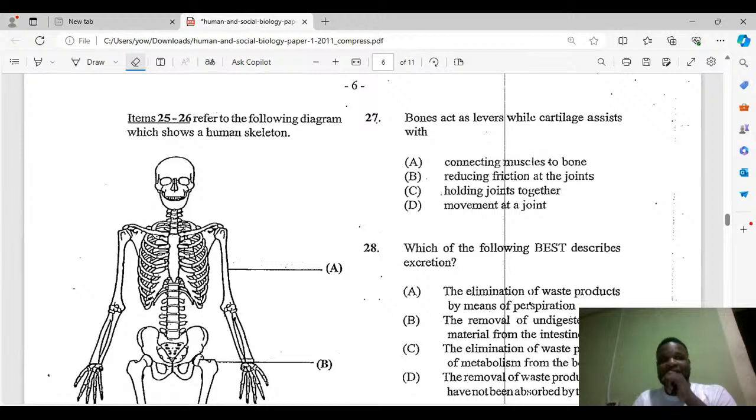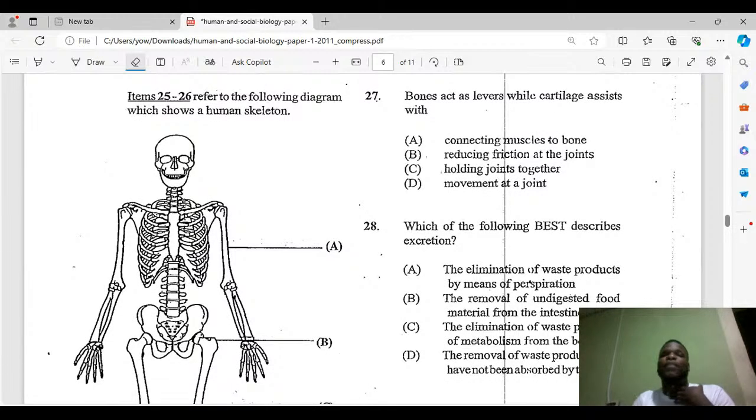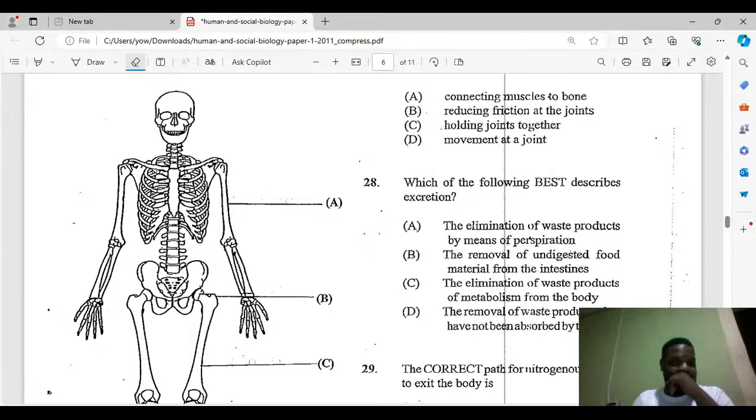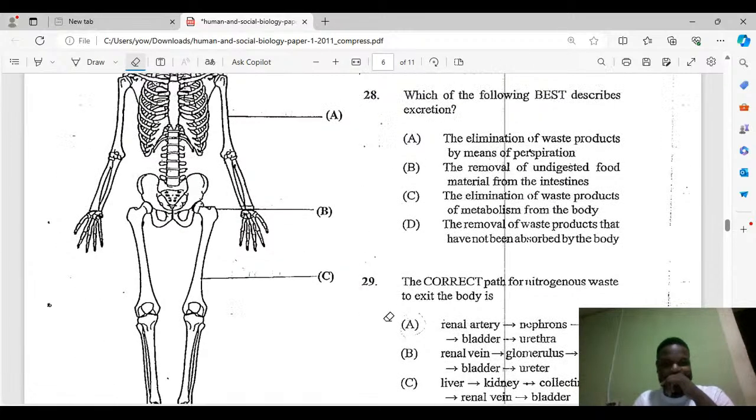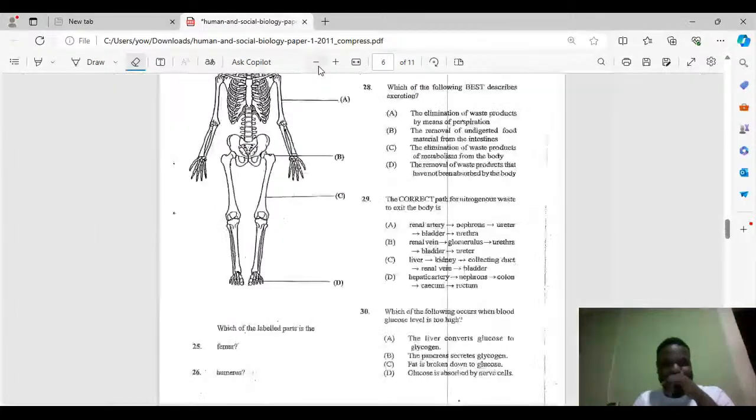Moving on, questions 25 to 26 refer to the following diagram, which shows a human skeleton. This is A, B, C, D. I'm going to have to zoom out a bit.